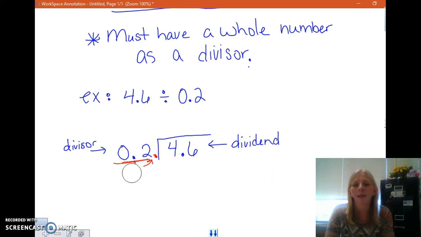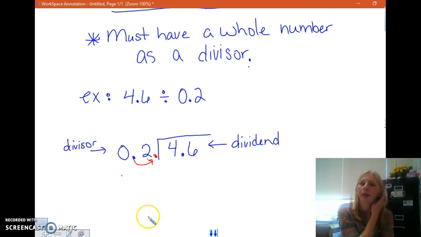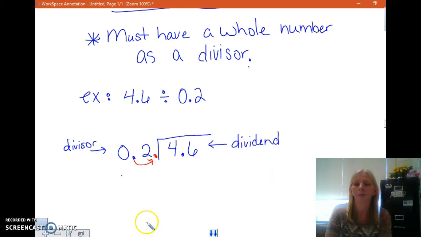We end up multiplying it by, does anybody know? Just 10. So if we multiply this number by 10, the 0 falls down. 1 times 2, 1 times 0. There is one decimal. Boom. So it ends up moving to the end of the 2. So that's what essentially we are doing. We are multiplying by 10 so that we have a whole number in the divisor.